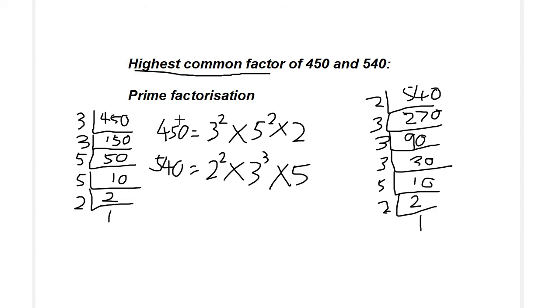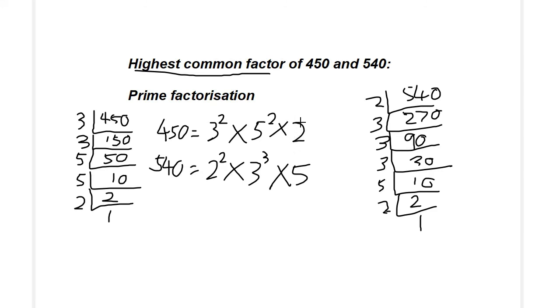After you get this, you can take out the smallest power of each base. This is called the base, and this is the index. We look at each base and take out the smallest index.